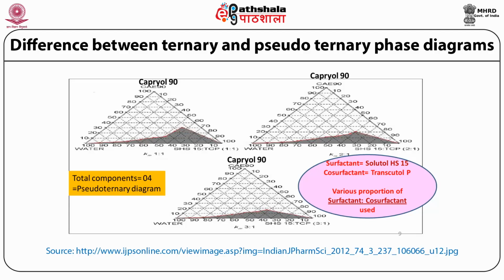And importantly, when you increase the proportion of Solutol HS15, there is a decrease in the microemulsion area.